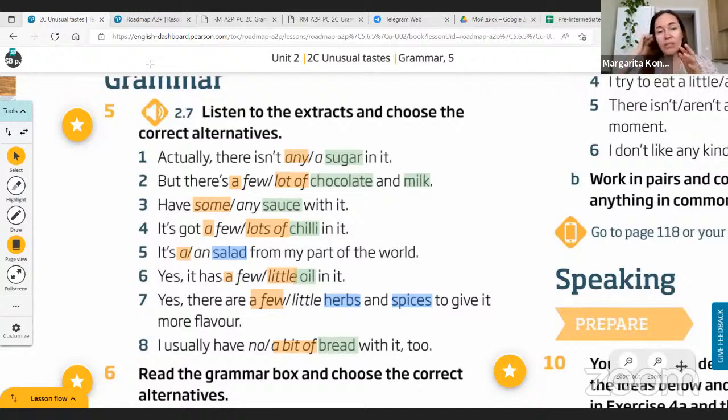And now we will try to make a rule out of this. Okay. So we had countable and uncountable nouns.